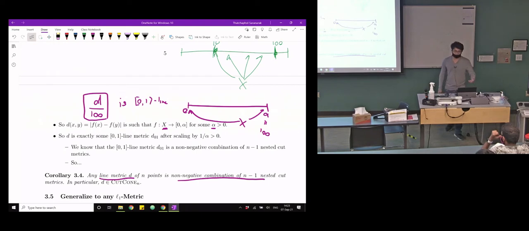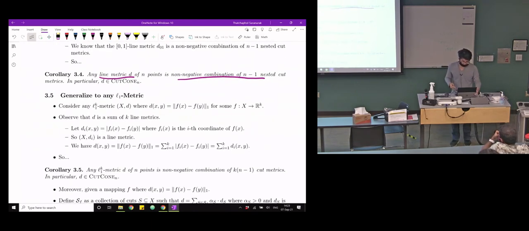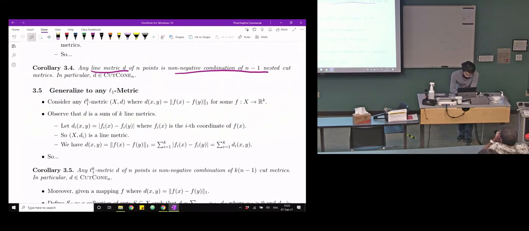If it's a sum of k line metrics, then it will be a combination of nk many cut metrics. To rephrase, what does it mean to be an L1 metric of dimension k?